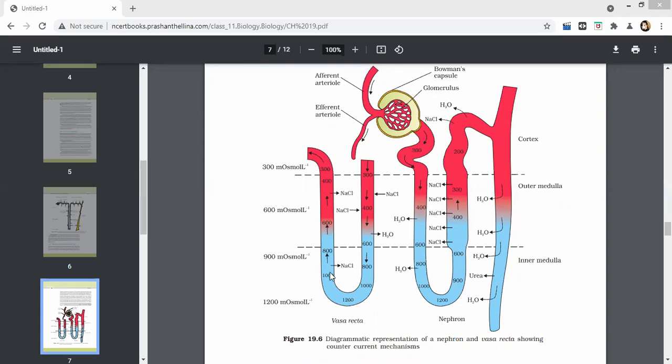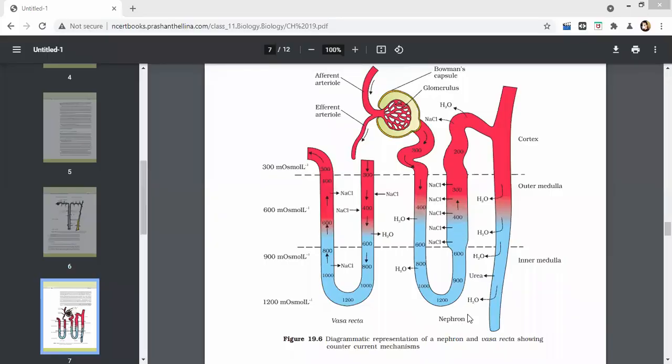So when ascending is observed in the vasa recta, in the nephron it will be in the descending form, and vice versa.